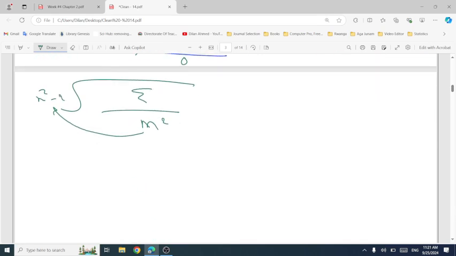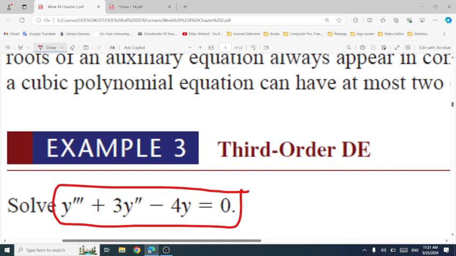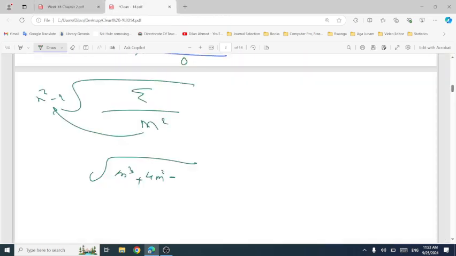So what did I do? I divided m cube plus 3m squared minus 4 by m minus 1.